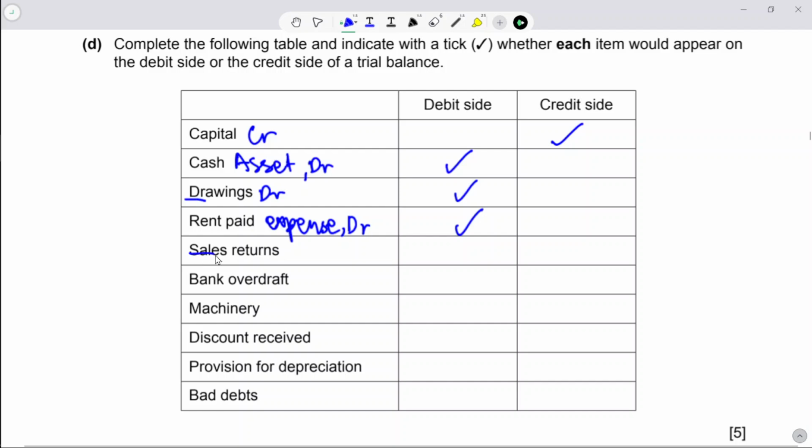Sales return: sales is credit, so sales return we debit. Bank overdraft is a liability, so we credit.